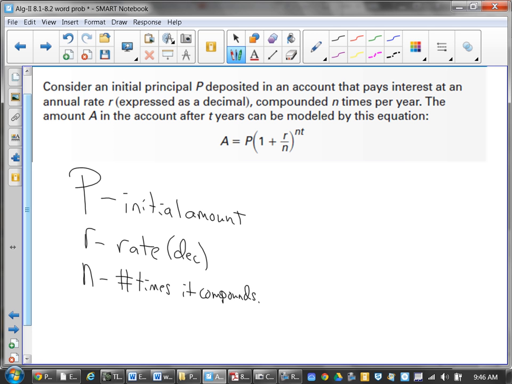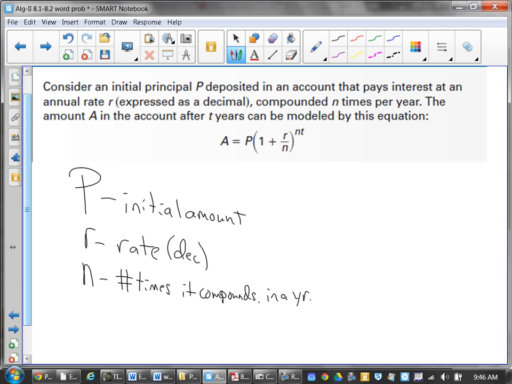Here's what that means. It'll say it compounds yearly. It'll say it compounds quarterly, semi-annually, daily, monthly, all of those things. We're looking at this in terms of years. That's why they say it's the number of times it compounds per year. So if it says that it compounds quarterly, what would the N value be? 4.